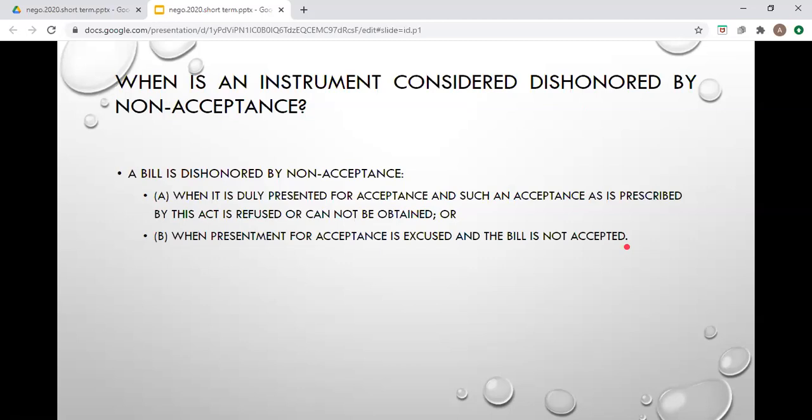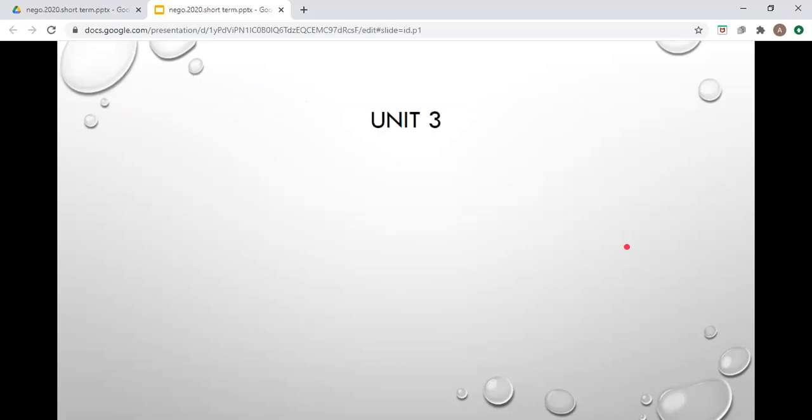Instead of accepting it, he dishonored. He refused to accept it. So, we have now a situation whereby presentment for acceptance is excused because the drawee is dead, but the bill was not accepted by the personal representative. In that case, you are also allowed to consider the instrument dishonored by non-acceptance.